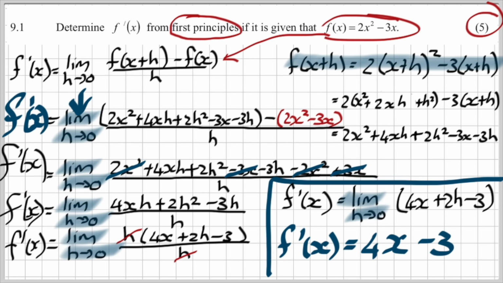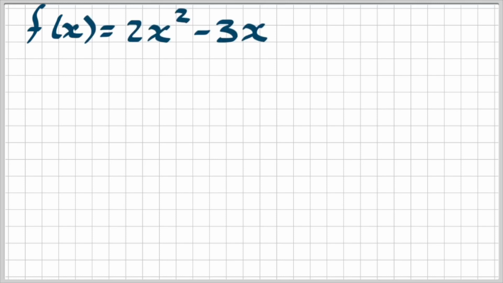Let's have a look at the next question, okay? The next question, ladies and gents, actually requires us to throw away first principles. I say throw away, I just mean move on. You need the short method derivatives.